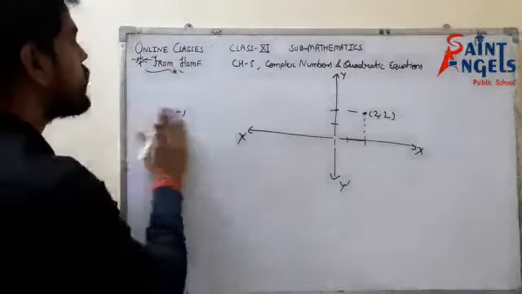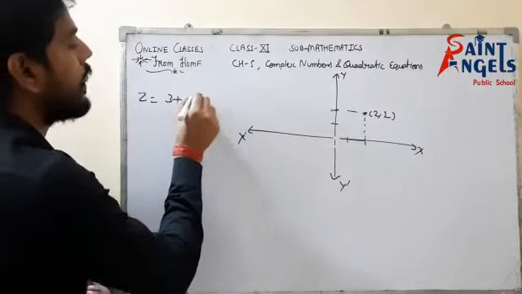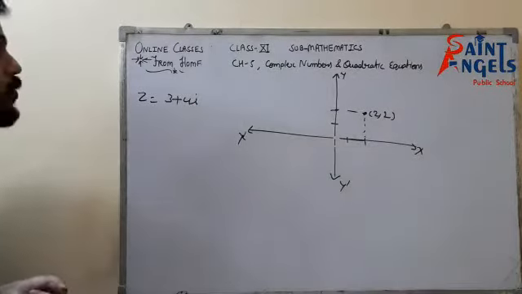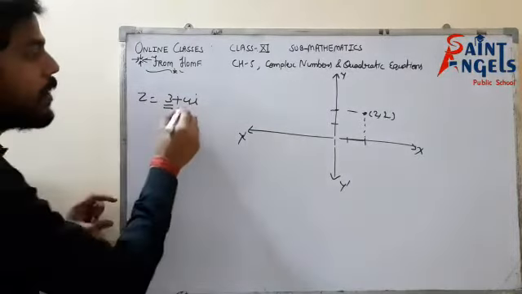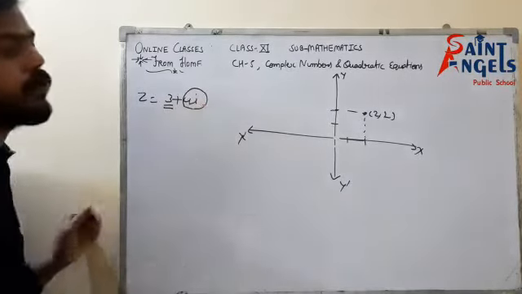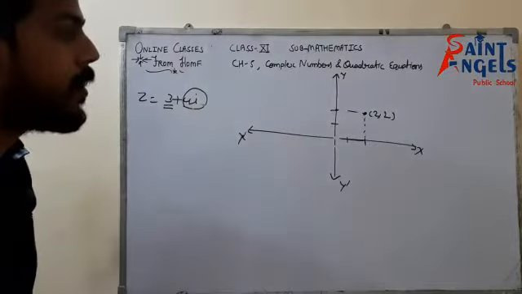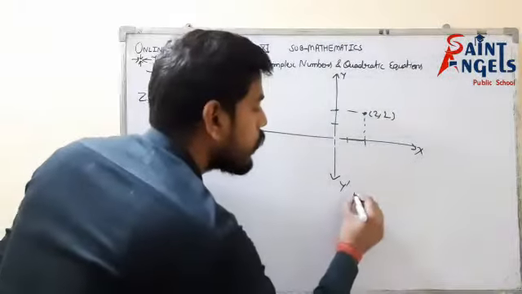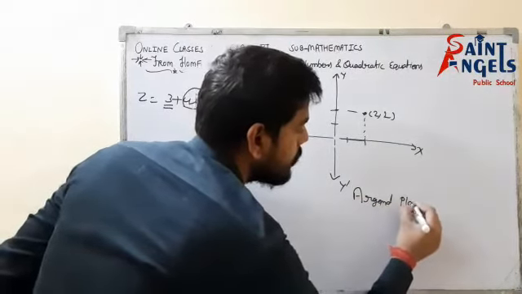But if I ask you, beta, to represent z equals 3 plus 4i, this is on the x-axis, no doubt, but I don't know about 4i. To represent a complex number, we need a plane known as the Argand plane.